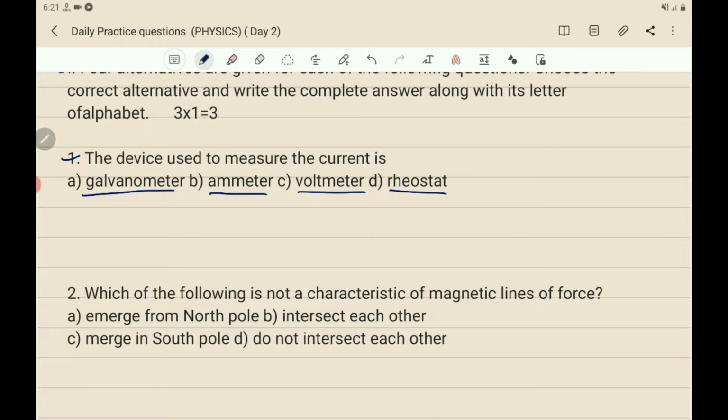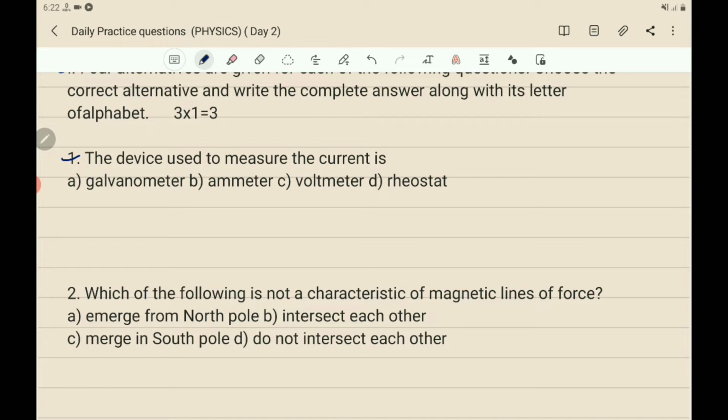You know that galvanometer is a device to detect the flow of electric current, and ammeter is a device to measure the current in the circuit, and voltmeter is a device to find the potential difference across the 2 points, and rheostat is a device for the variable resistance.